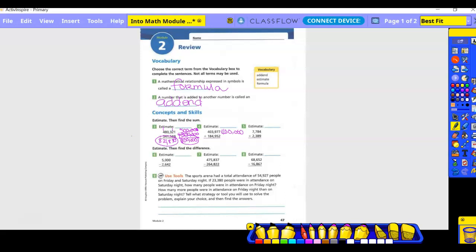Is that closer to 100,000 or 200,000? 200,000 because I look to the right and it's an 8. It's 5 or higher, so I go up 1, right? And then I add them together. So what is 400 plus 200? 600,000. Then I'm going to actually work out the problem.